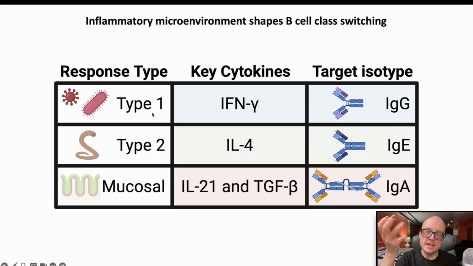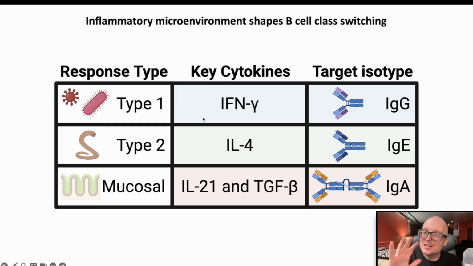This includes a variety of innate and adaptive immune processes or responses that are especially good at fighting viral and bacterial infections. One of the key features of a type 1 immune response is high expression of the cytokine interferon gamma.